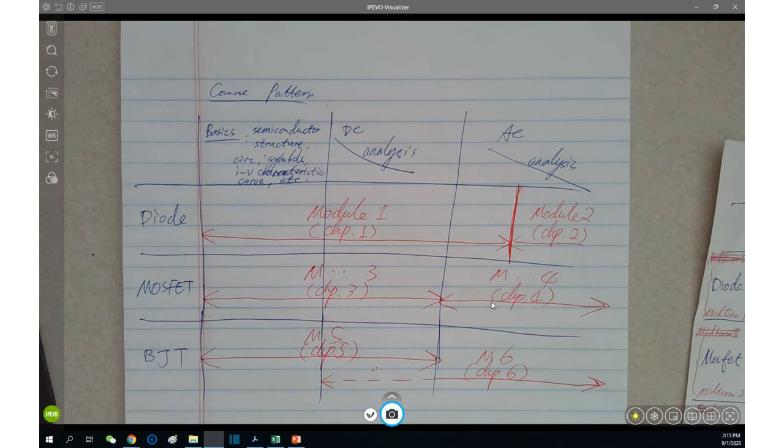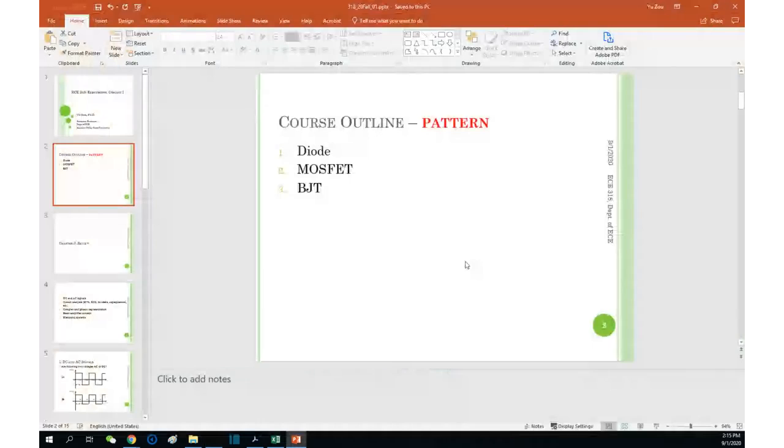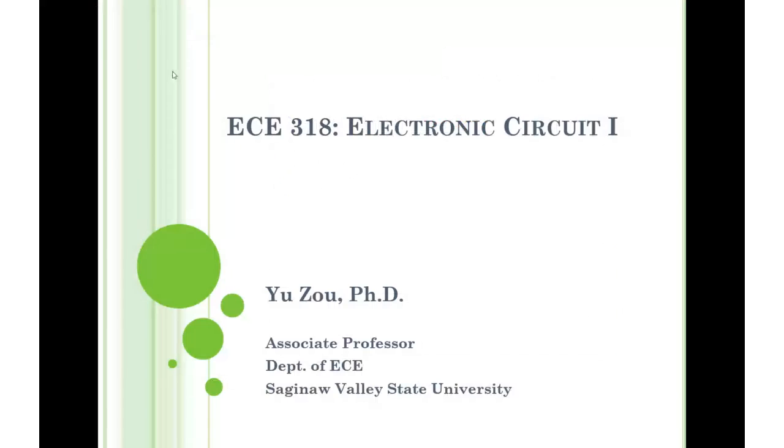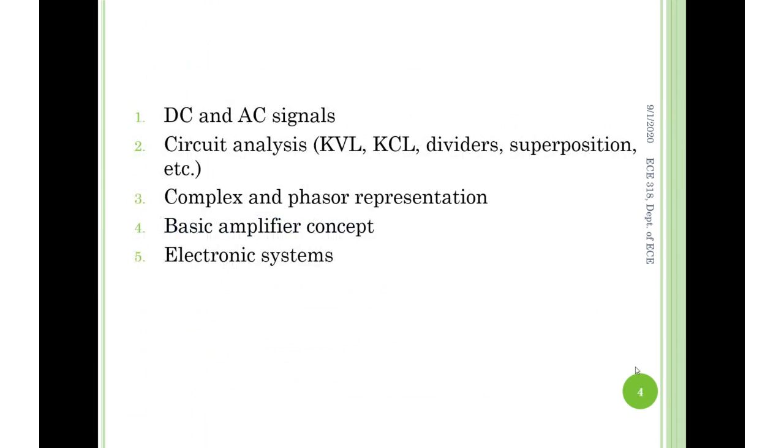All right, if everything so far is clear, then we can go back to our slides. The PPT slides file is going to be uploaded in the modules, and then we can start our review. We have 3 lectures. After today, we still have 2 lectures to finish all of these review subjects. We will review the basic concepts of signals, DC and AC signals, and what types of AC signals.